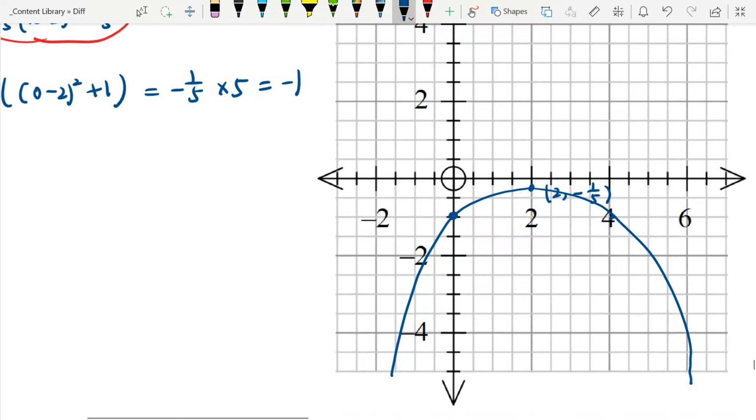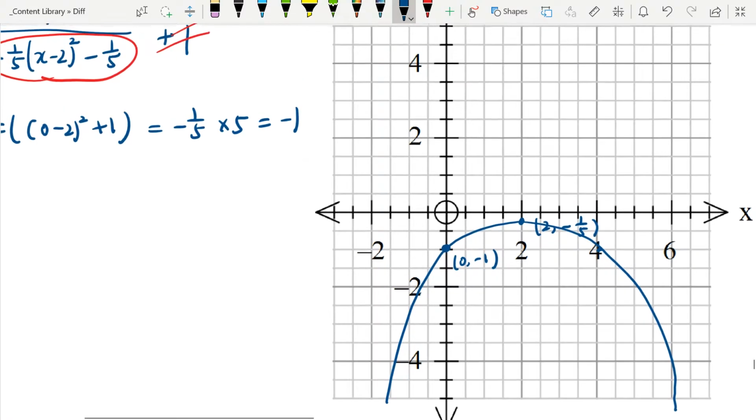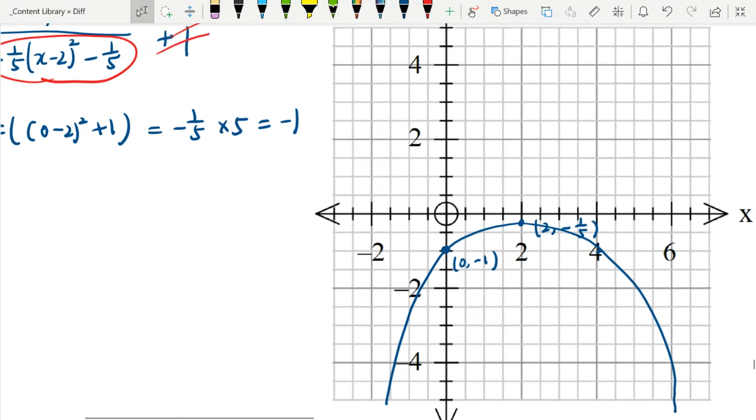I don't really care about the shape, but that's a quadratic. What's the difference between this quadratic and the previous quadratic we sketched? No x-intercept and there's translations. Okay, no x-intercept.